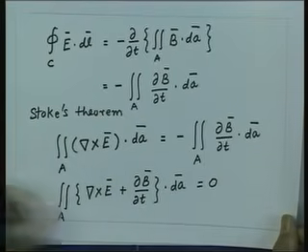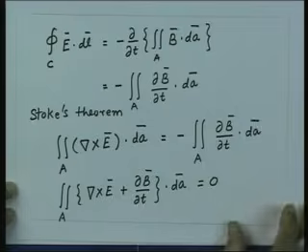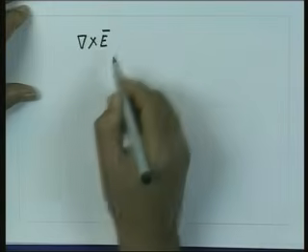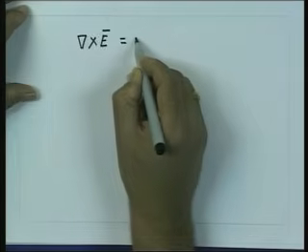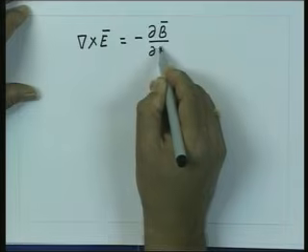And since again this relation should be valid for any arbitrary area, this integrand should be identically 0. So, from here we get del cross E, that is equal to minus dB by dt.